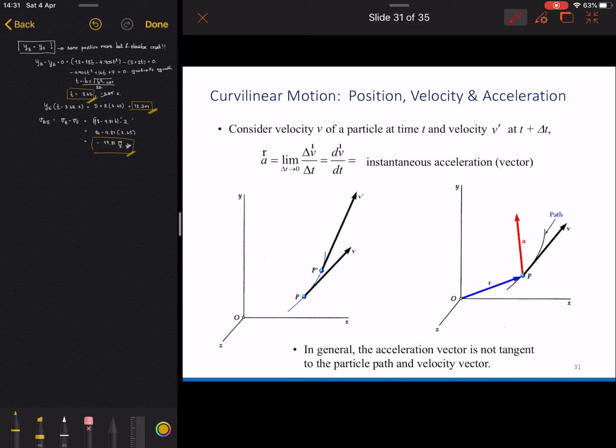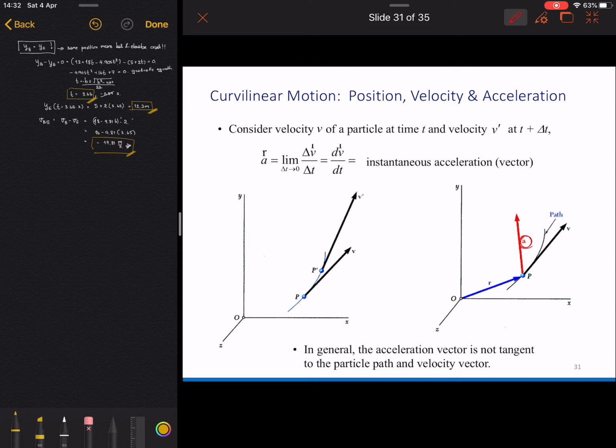so for curvilinear motion, in general, the acceleration vector is not tangent to the particle path and velocity vector.